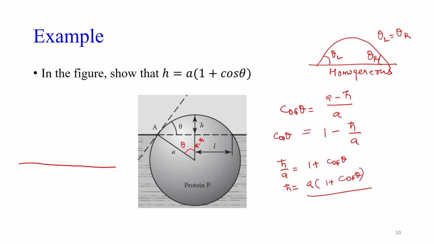But if you have a heterogeneous surface, the contact angles on the left and right side may not be the same, it may come out like this. Here you have a different contact angle, which means theta left is not equal to theta right.